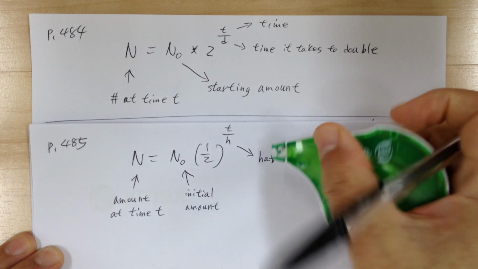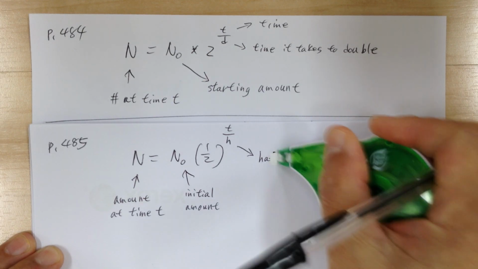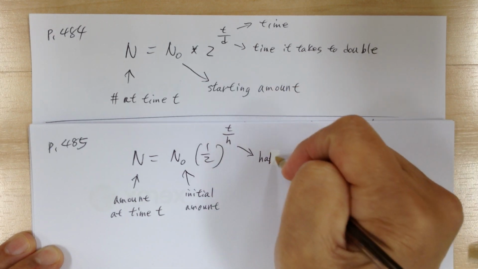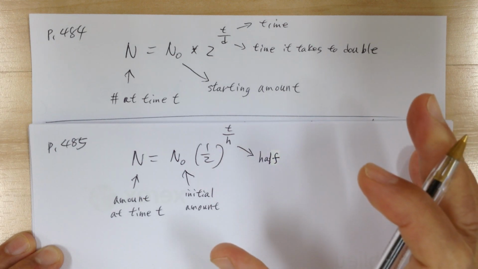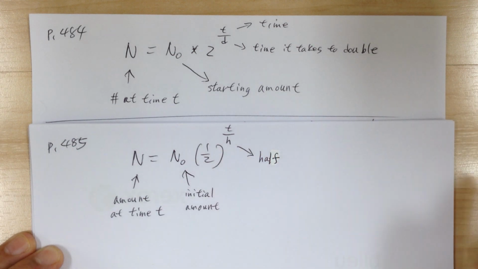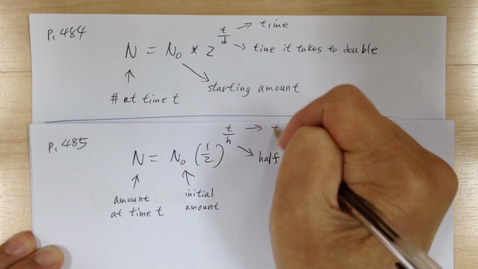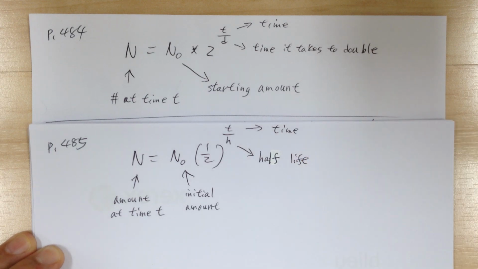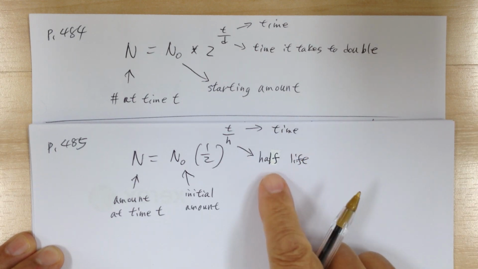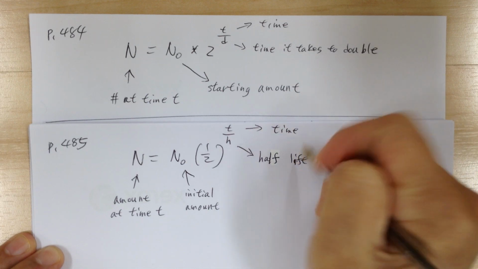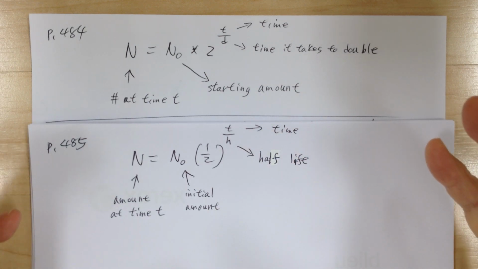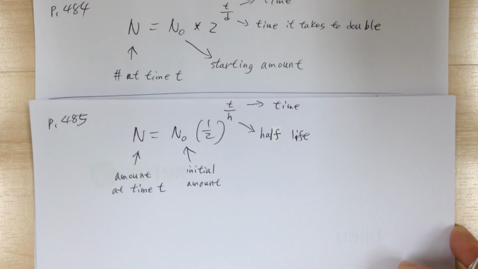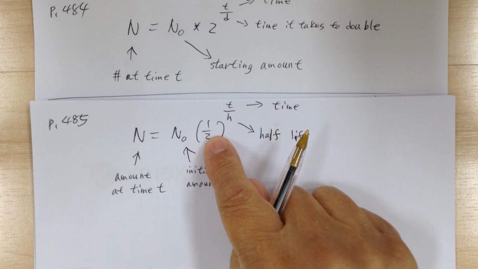In chemistry, there are certain substances that are radioactive, and after a certain amount of time, half of them will decay. So this is the time. The half-life is how long it takes for a sample to decay to half the amount. Again, this is from your chemistry. So instead of doubling, you make it a half. Everything else is the same.